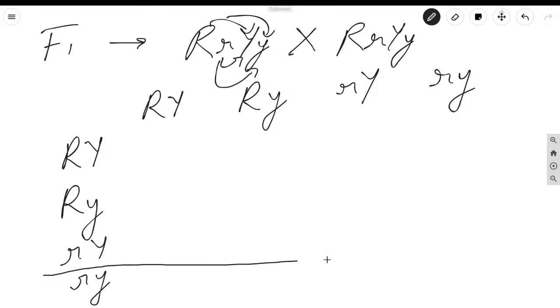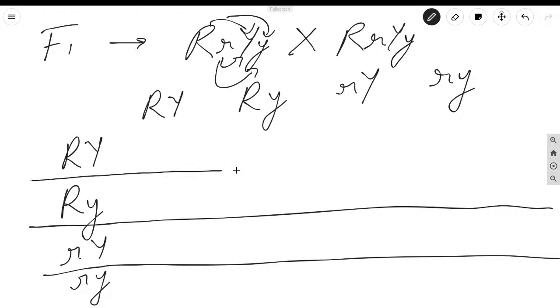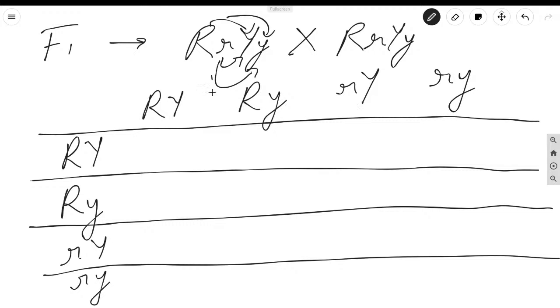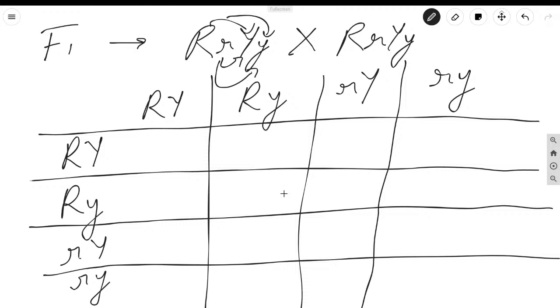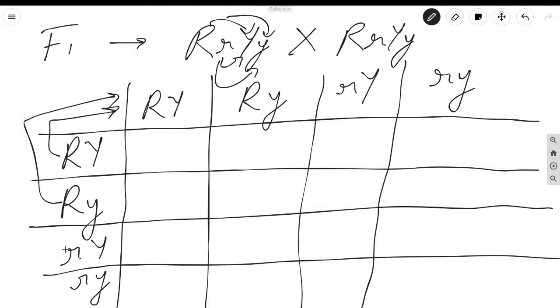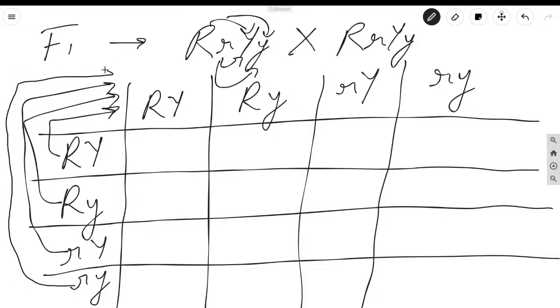Then we can go for crossing. Now this one will be crossed with all 4, this one also all 4, this one also all 4, and this one also all 4.